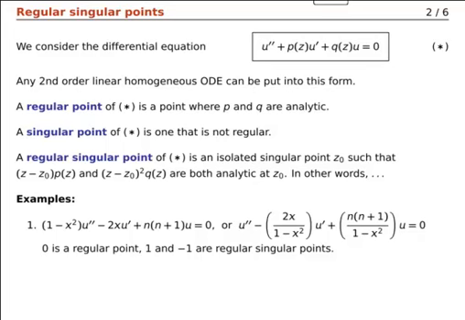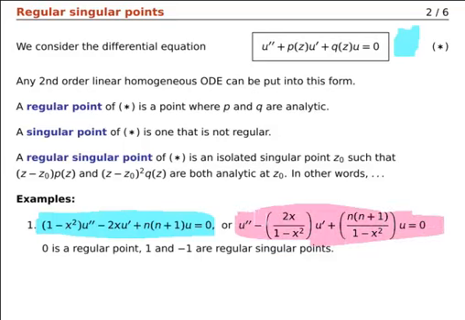So let's look at an example. This differential equation here can be expressed in this standard form just by dividing both sides by 1 minus x squared. So you get this equation here. You might, by the way, recognize this differential equation as Legendre's equation, but if you don't recognize it, it doesn't matter.